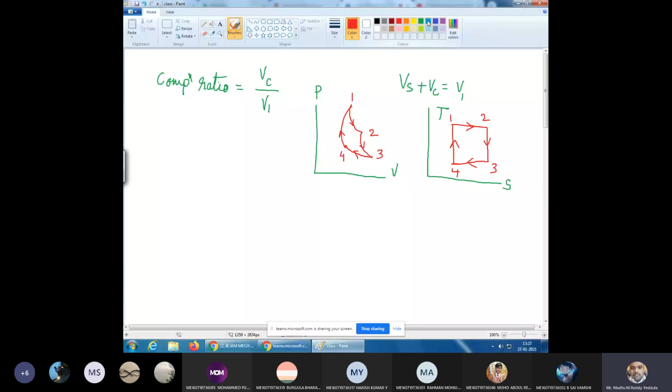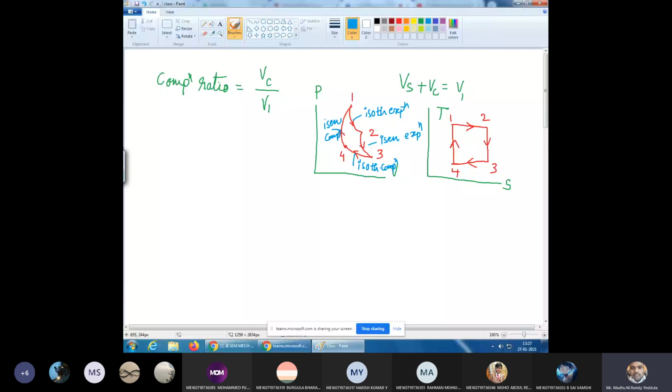Isothermal expansion, and this is adiabatic or isentropic expansion, and this is isothermal compression, and this is isentropic compression. These two are compression, right?